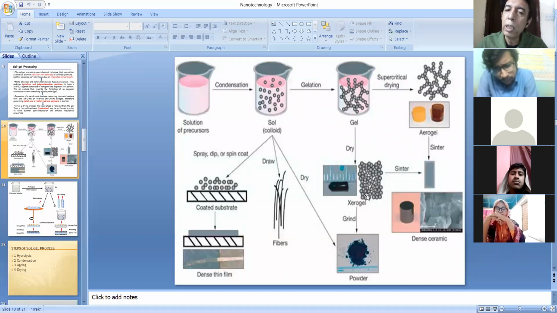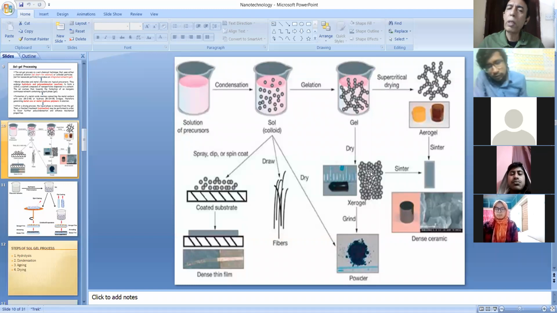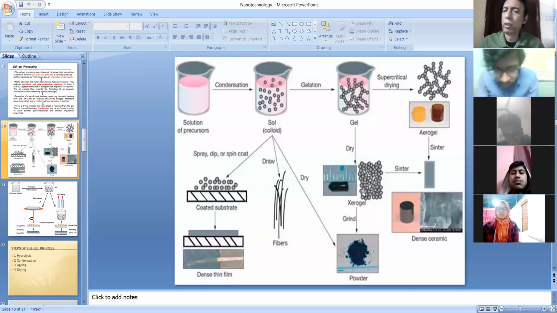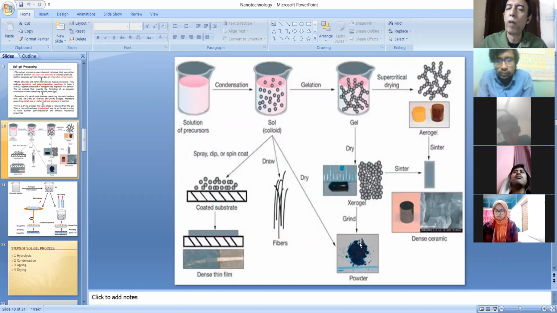You see, there is no three-dimensional network like here. This is called xerogel, where the three-dimensional network collapses. And if you grind this xerogel, then you will find the powder of the salt.